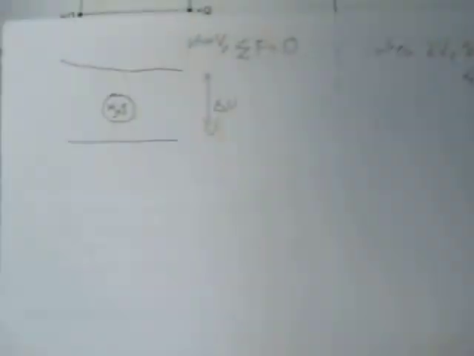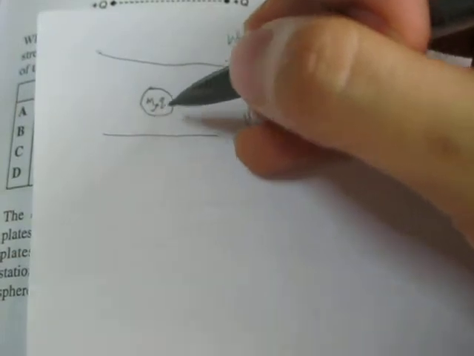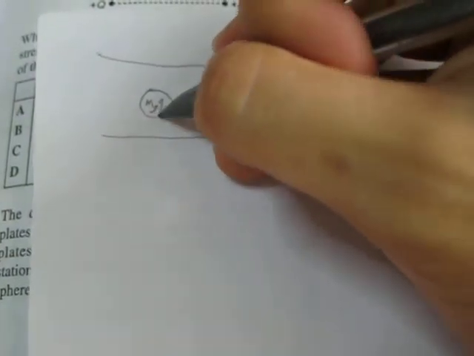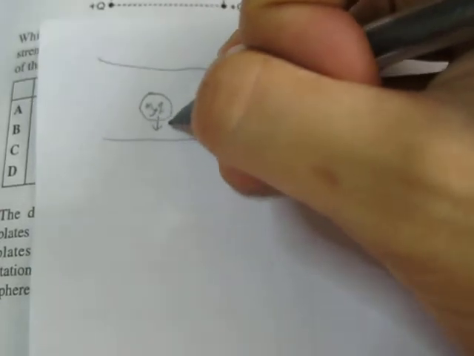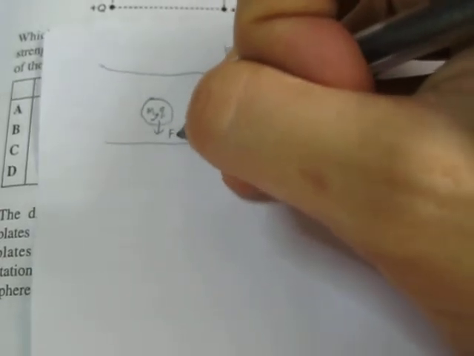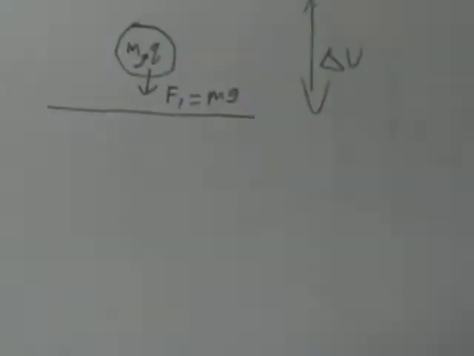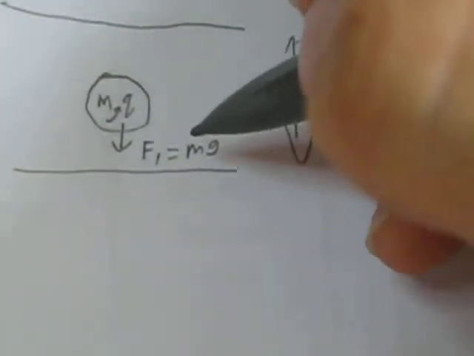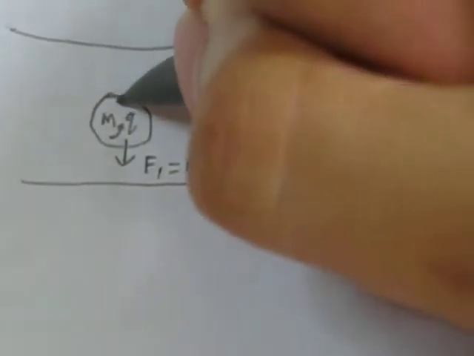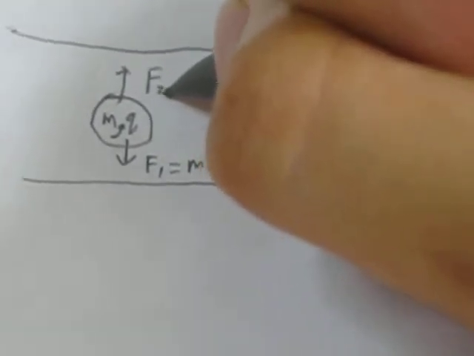Okay, so now let's draw a free body diagram. For this charge, there's weight always pointing downward, right? So we have a downward force, let me call it F1. F1 is actually mg. To balance this mg, we obviously must have an upward force, F2.